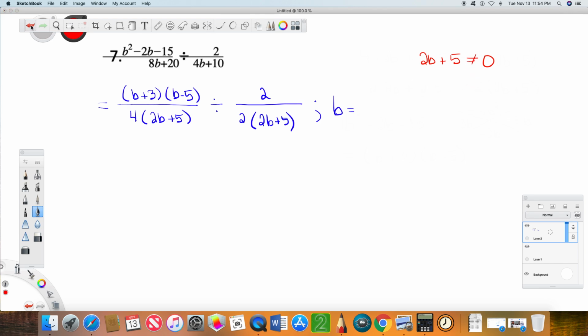So you actually temporarily set it equal to 0 and solve the equation, and then you say to yourself, well, if I want this 2b plus 5 to never equal 0, then I want b to never equal negative 5 halves, and there's my restriction.